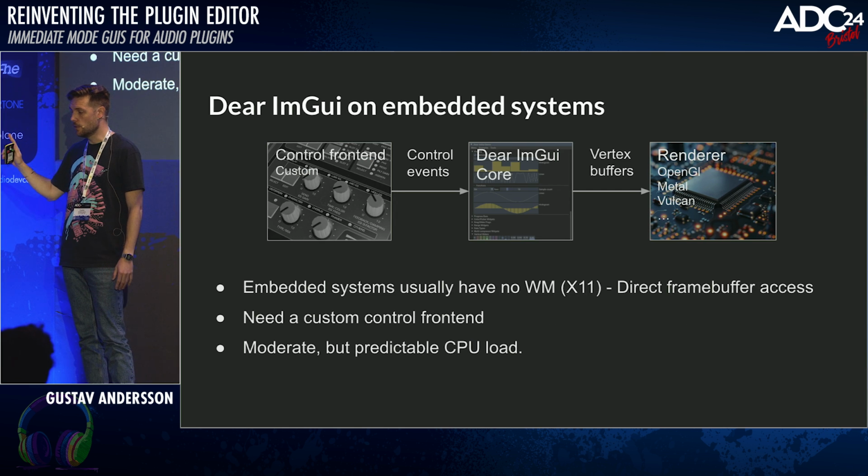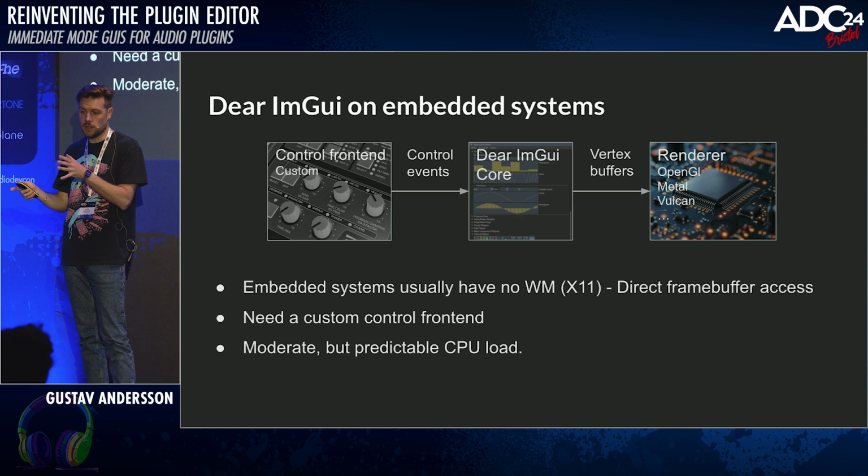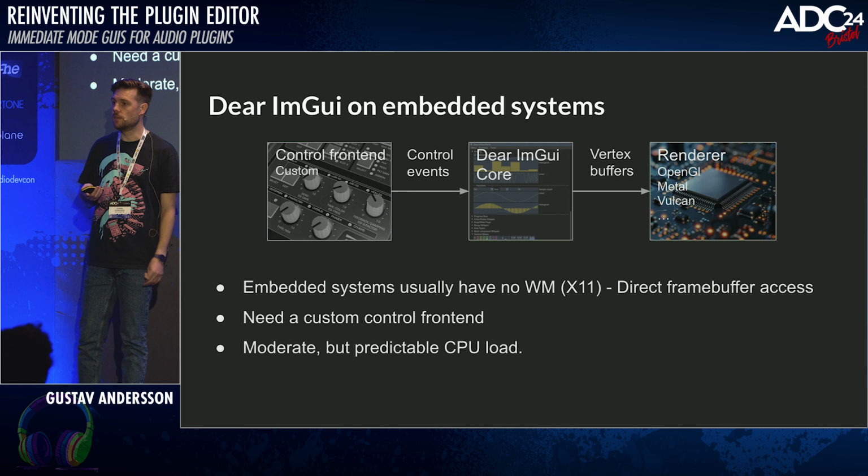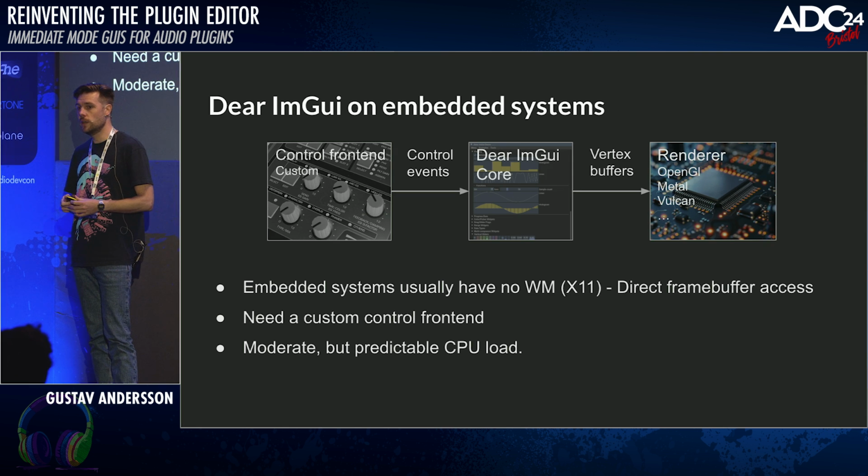Sort of a digression here on the topic of this architecture split. At Elk, we've toyed a bit with this and felt that this could be an attractive UI for embedded devices, because on embedded devices, you typically don't have a window manager because it's a big and heavy process. So on Linux, meaning that you don't have an X server, but instead you have direct access to the frame buffer.